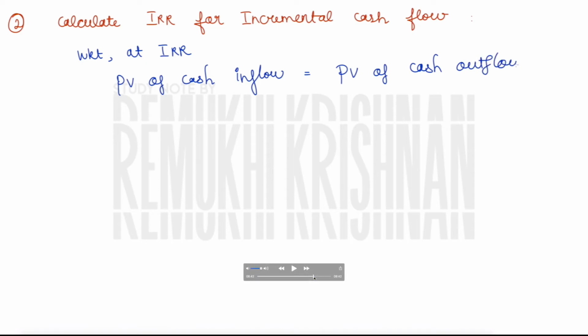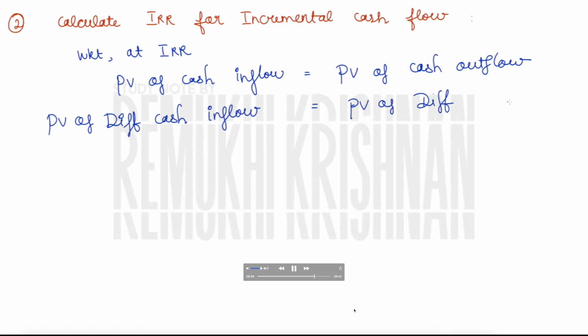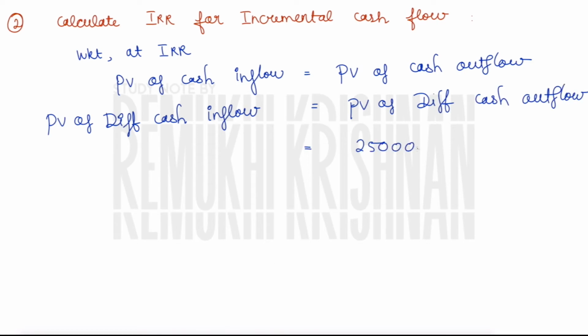But here instead of taking present value of cash inflow, I'm just going to take present value of differential cash inflows, which is equal to present value of differential cash outflows. Let us solve. So the present value of differential cash outflows is nothing but 25 lakhs. So 25 lakh into 1 divided by 1 plus k the whole power 0. I'm just going to find the IRR. So k is what we are going to find in this step.